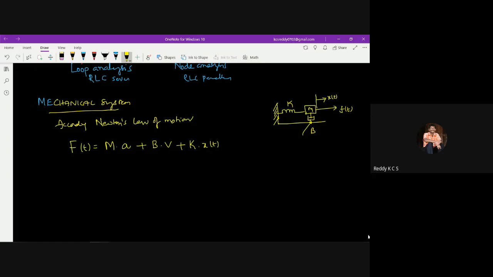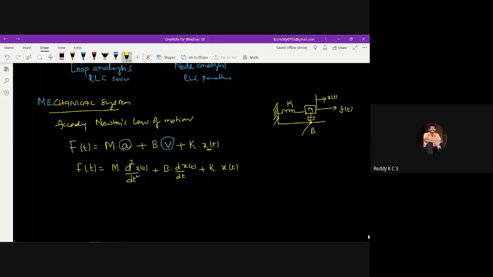Now I'll write the differential equation with respect to x of t, where acceleration and velocity are replaced by derivatives with respect to time: m into d square by dt square of x of t, plus b into d by dt of x of t, plus k into x of t. So this is the force equation which you can write.